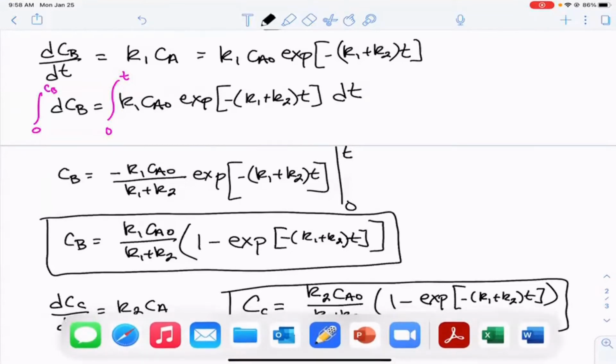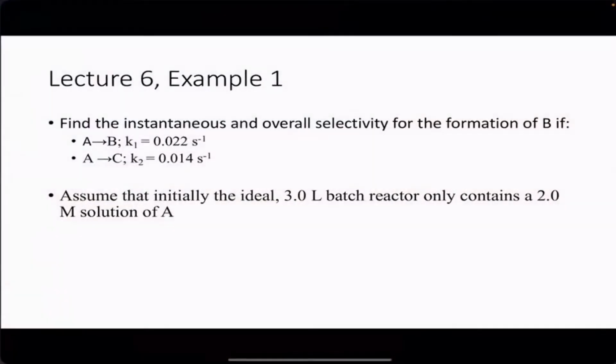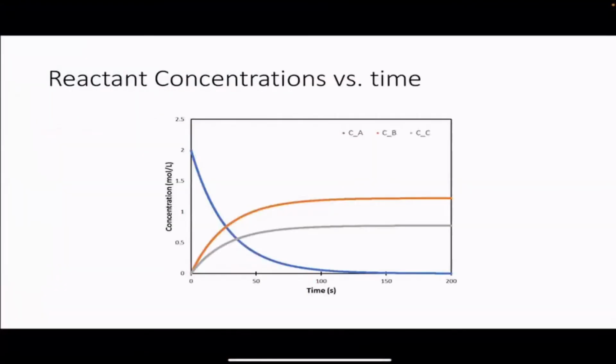Okay. And here I'll show the plots for the concentration of A, the concentration of B, and the concentration of C as a function of time. And of course, it's not surprising that A follows this exponential decay, right? Because we have that functional form in our solution.